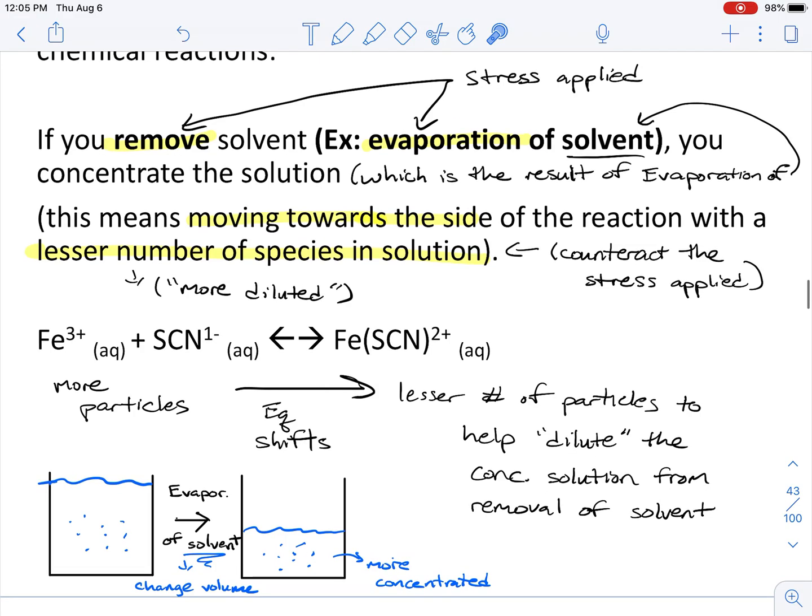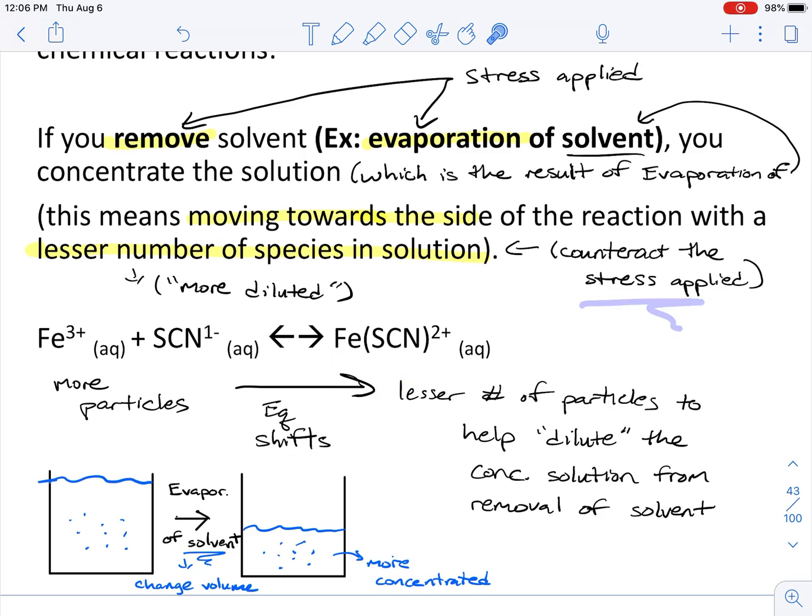And so once again here, in this example, we have two particles that are considered reactants and one particle that's considered a product. And so since there's more particles in the reactant side, if you evaporate the solvent, if you change the volume by decreasing the volume, then the equilibrium will shift to the side of the products, favoring the production of the product to help alleviate the stress that was applied.